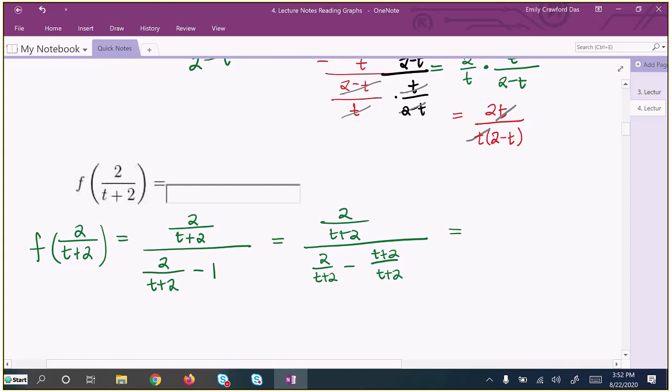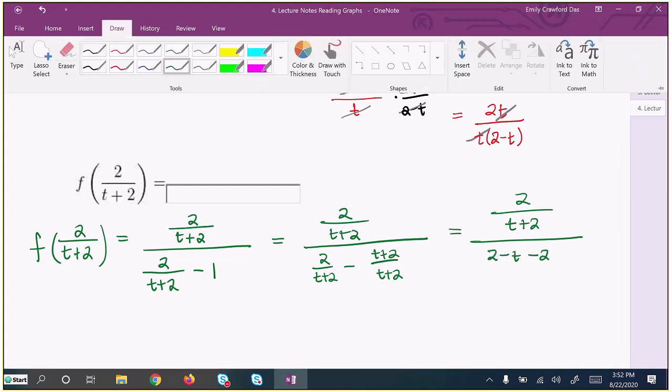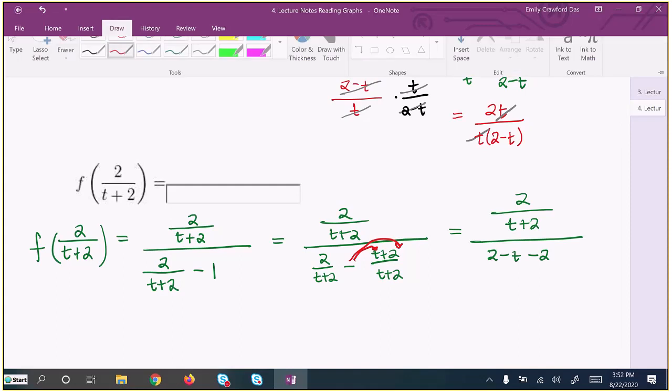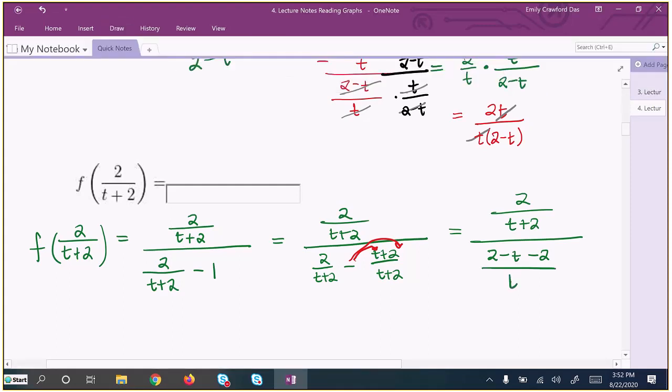So then, if I want to write the bottom as one fraction, that's going to become 2 minus t minus 2, because this minus gets distributed to the t and to the 2, and all of that is over t plus 2.